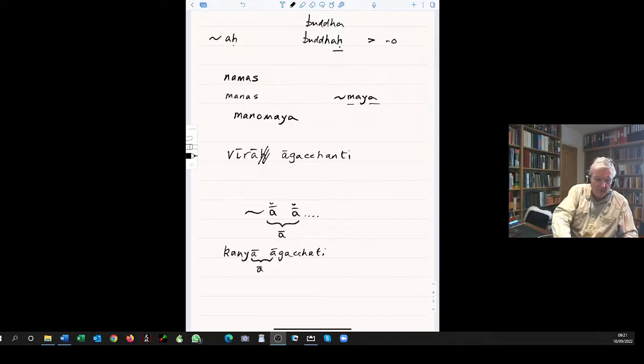Right, turning now to some more examples on page 110. Looking at these examples: Ramah chintayati, Rama is thinking. Remember the ah followed by ch is pronounced at the same point of articulation, so the vocal organs go to the same spot that the ch comes out as, so it becomes Ramash chintayati, not Ramah.